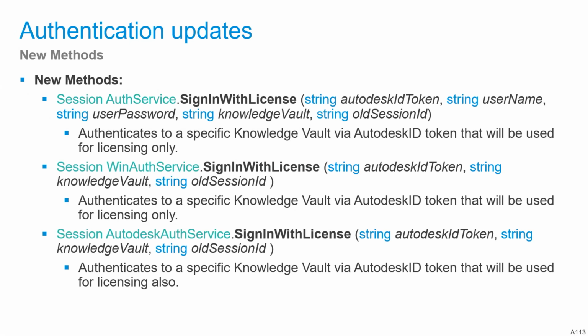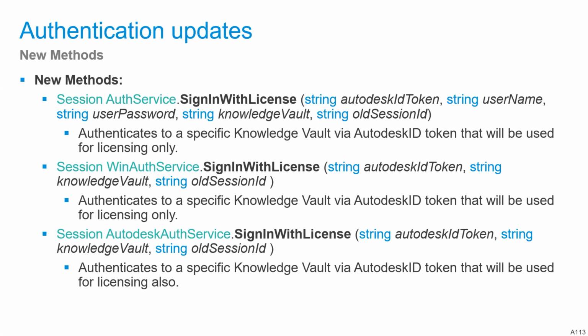Also, the Autodesk Vault 2022 Web Service API has improved to support named user licensing. Anyone developing a Vault application can explicitly provide an Autodesk access token for purposes of login with a named user license. To use this benefit, the sign-in with license method was added to all authentication services.